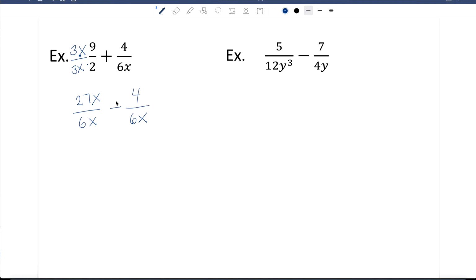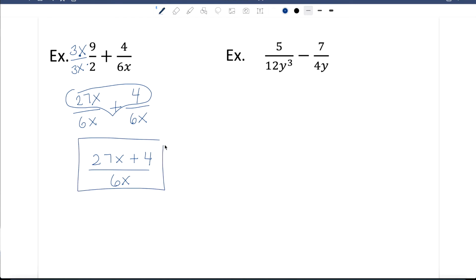They want us to add the two fractions together. Same denominator means you focus on the numerator. They're different terms, so I cannot combine them. So you just bring it down, leave it alone, and you keep the same denominator. You don't have to simplify. I'll accept it as it is. Moving on.